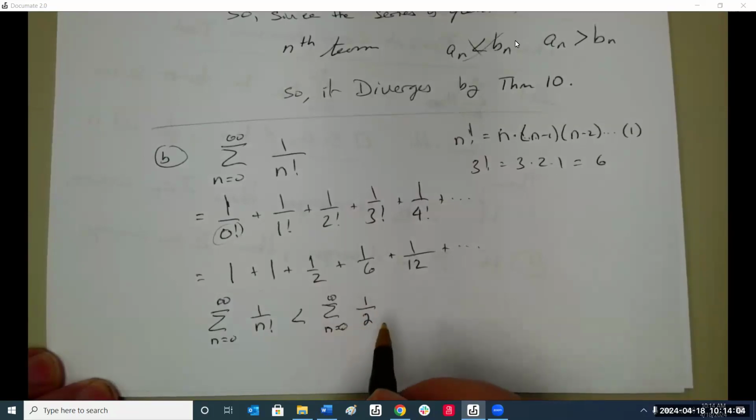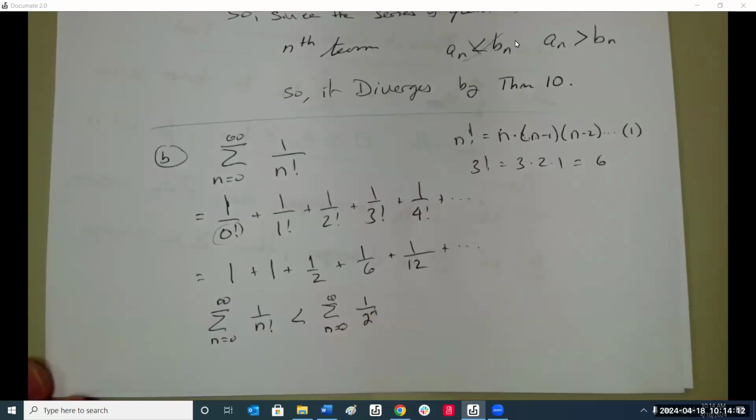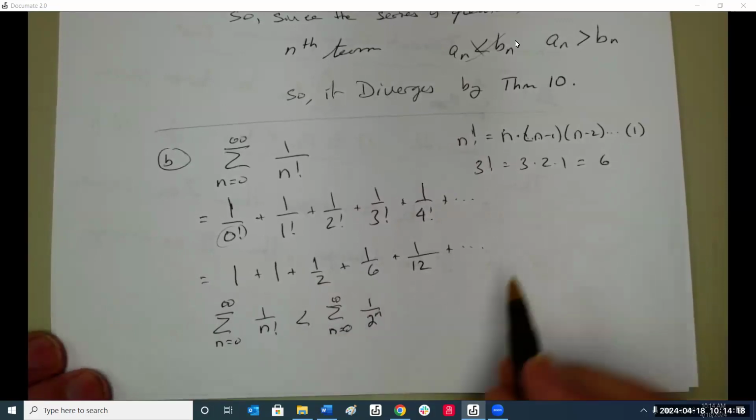If it's going to be bigger, so that's going to be less than.